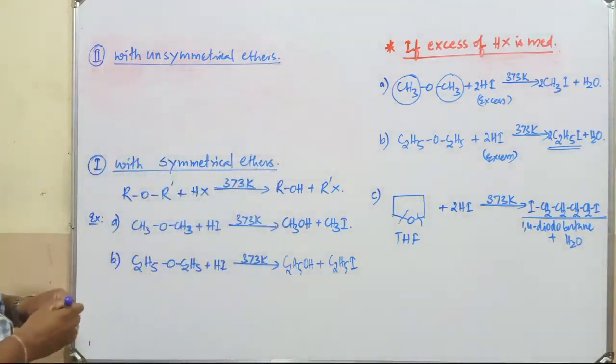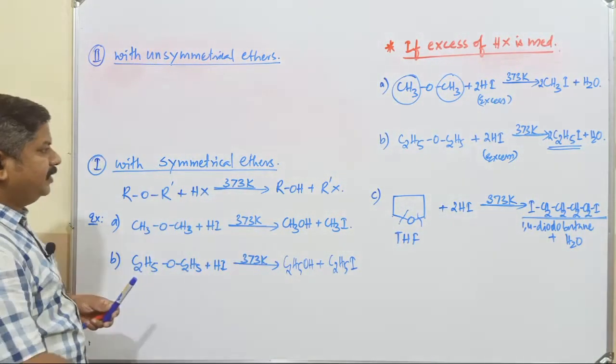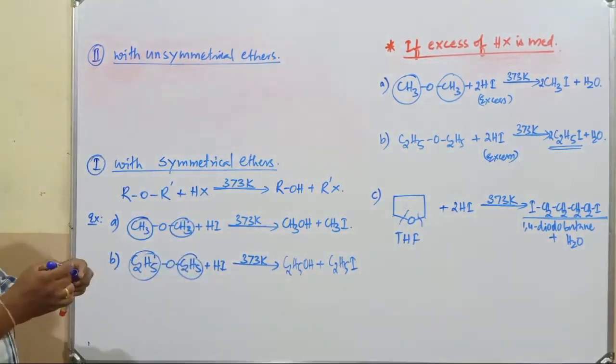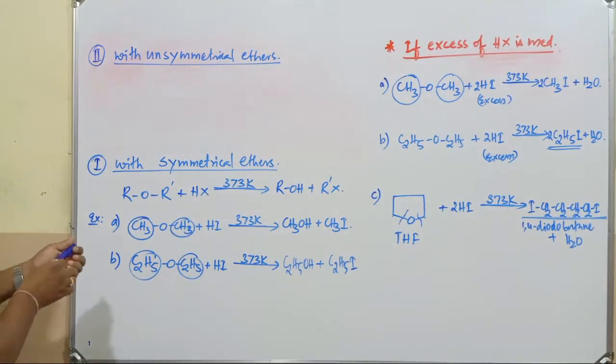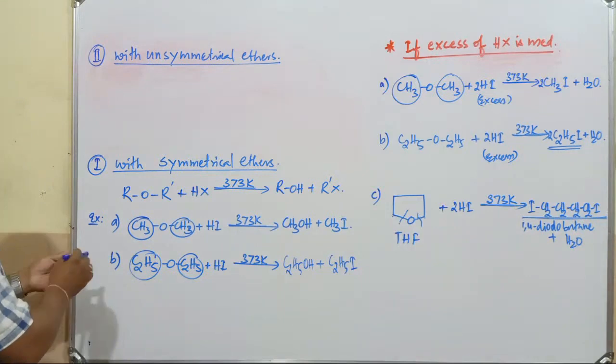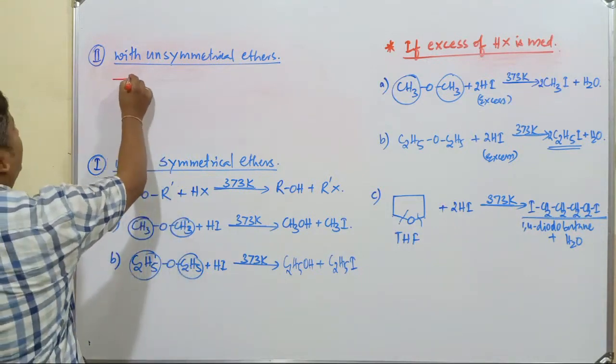In the case of unsymmetrical ether, the two alkyl groups are different. But in the case of symmetrical ether, we have taken the same type of alkyl groups. In the beginning of this ether class, we discussed this reaction. In the case of unsymmetrical ether, remember one thing here.